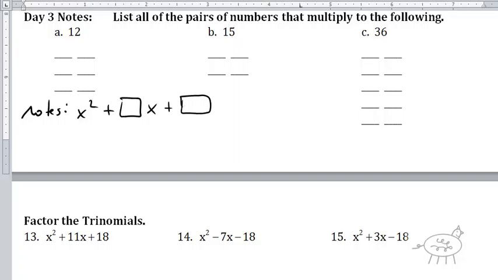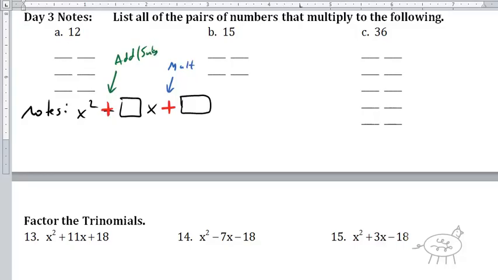Okay, so really the key thing here is I'm going to make this in red. The signs are plus and plus. So here's the deal, math fans. It needs to multiply to give you a plus sign, and it has to add or subtract to give you the middle term.